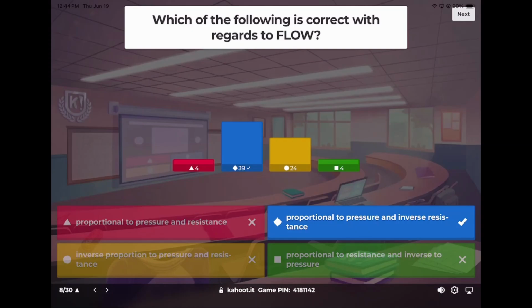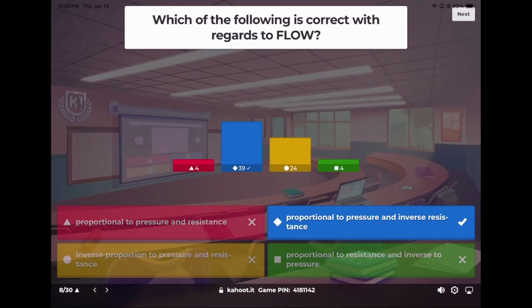Proportional to pressure, that should be pressure gradient. I'm sorry. So the bigger the difference in pressure, the better the flow is. I apologize for that one. But talking about pressure gradients, so we talk about pressure gradient and flow through the systemic circulation. What are the 2 points that we look at?